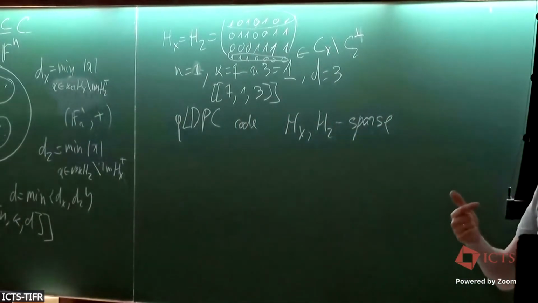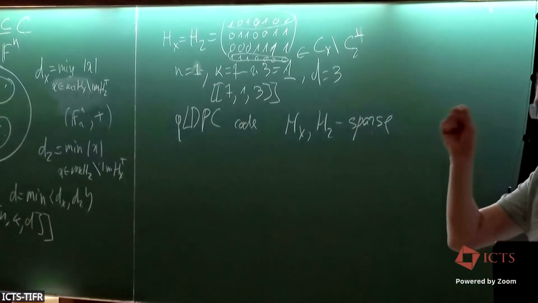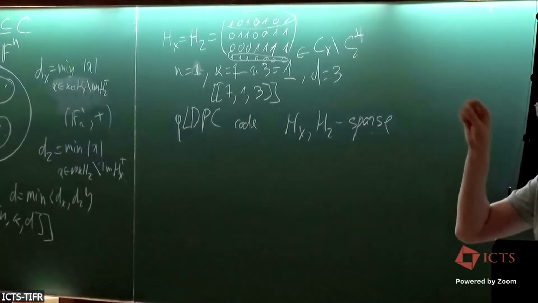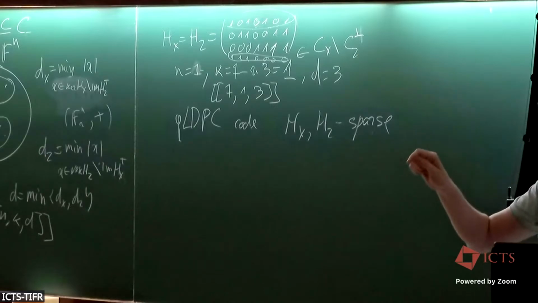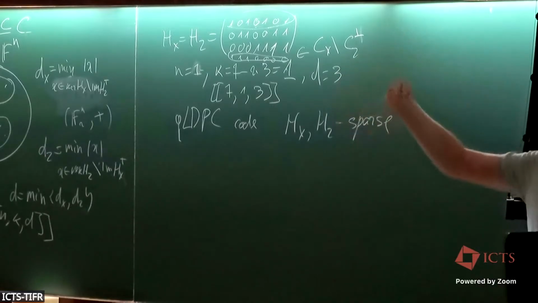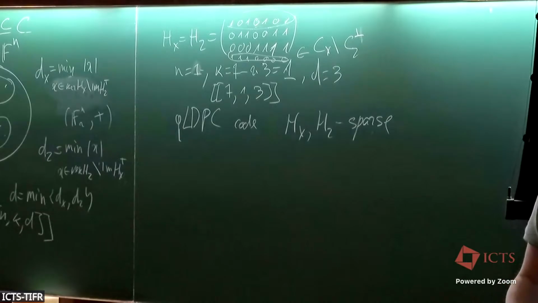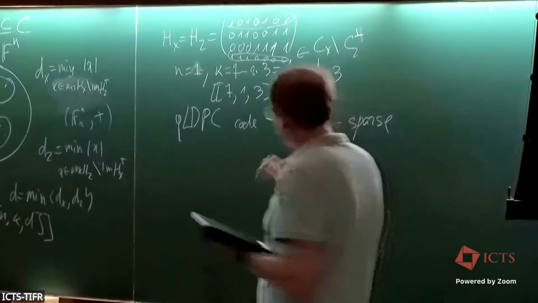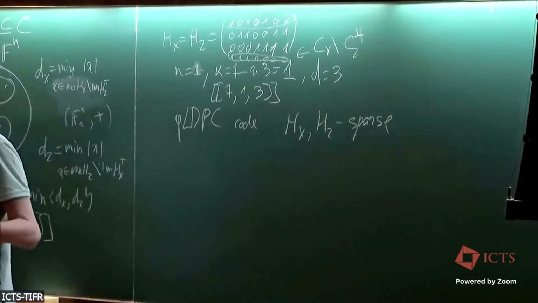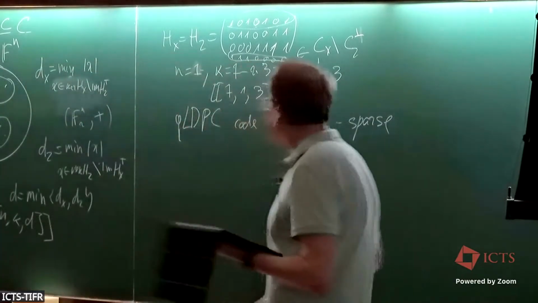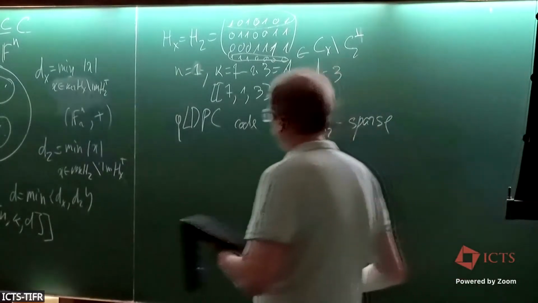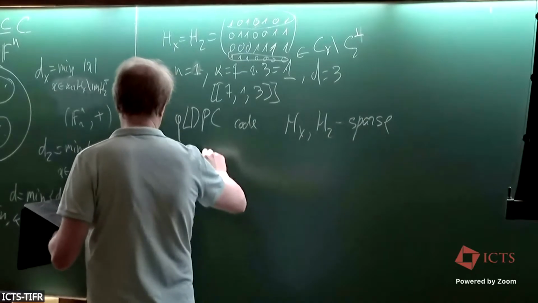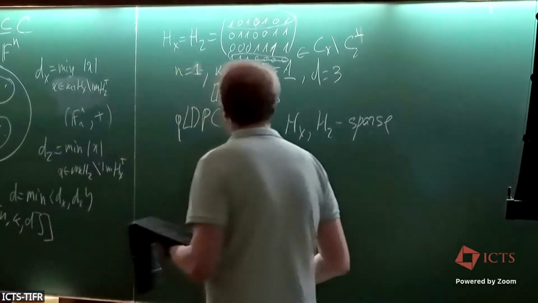We need to find some code that has very small, constant distance, but then you can find some subcode that generates exactly all the low weight code words. This is not a very easy task. And the solution is topology, algebraic topology. Let me describe a very famous example by Kitaev, what is called the Kitaev toric code. So the idea is the following.